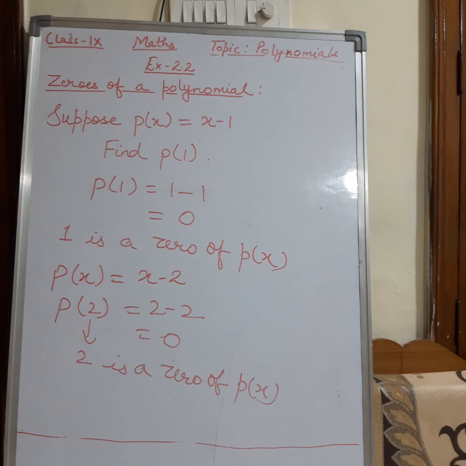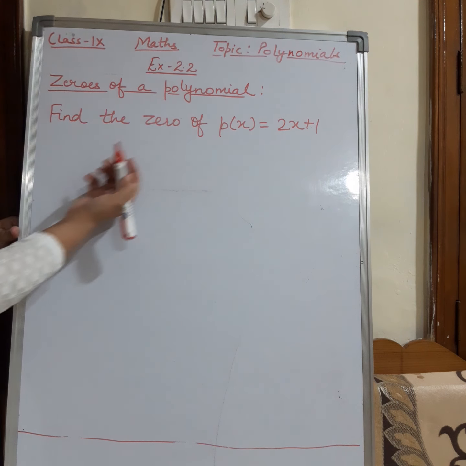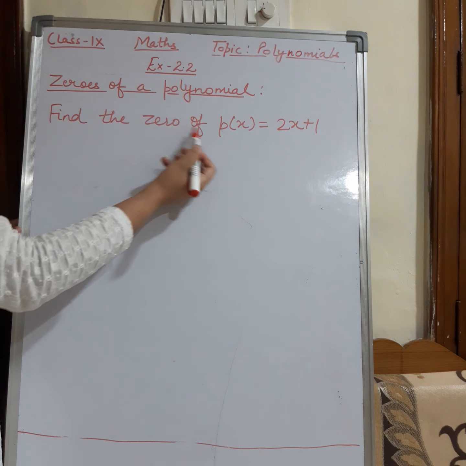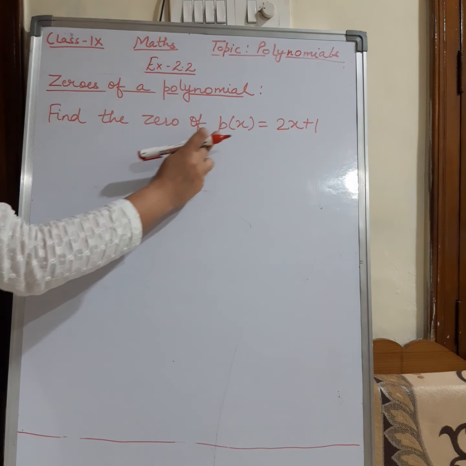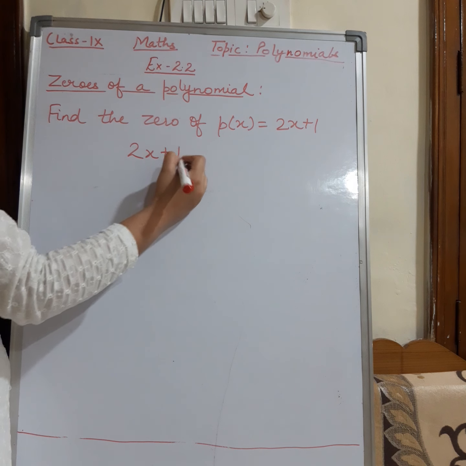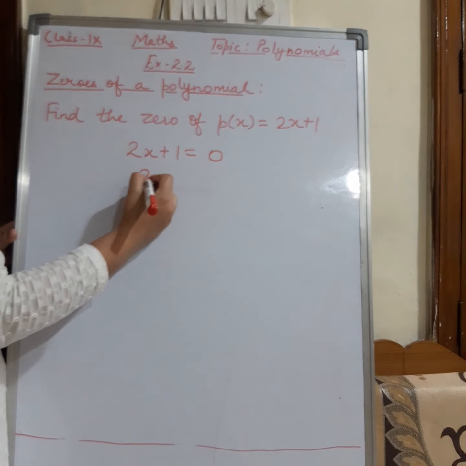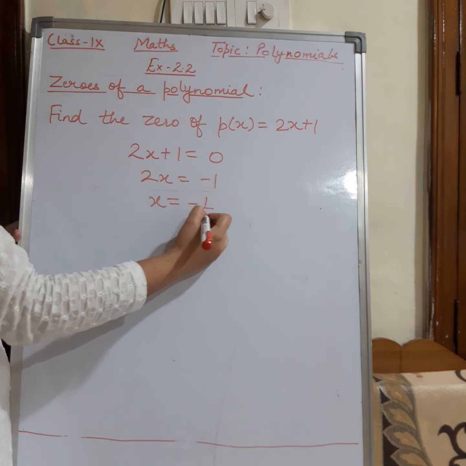For example, if p(x) is given to me 2x plus 1 and the question says find the zero of this polynomial. So how can we do it? By equating it equal to 0. That means I'll write 2x plus 1 is equal to 0. So 2x will be equal to minus 1, x will be minus 1 by 2.